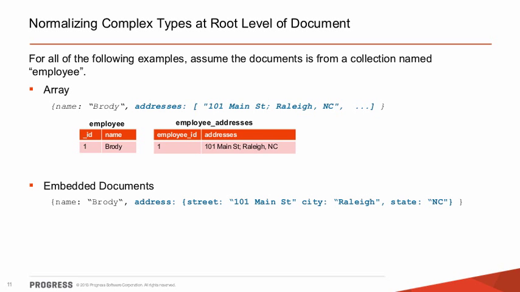But that array portion of the JSON document is much more naturally, from a relational perspective, mapped into a separate table, in this case employee addresses, where the array elements in JSON become rows in the context of the relational mapping.